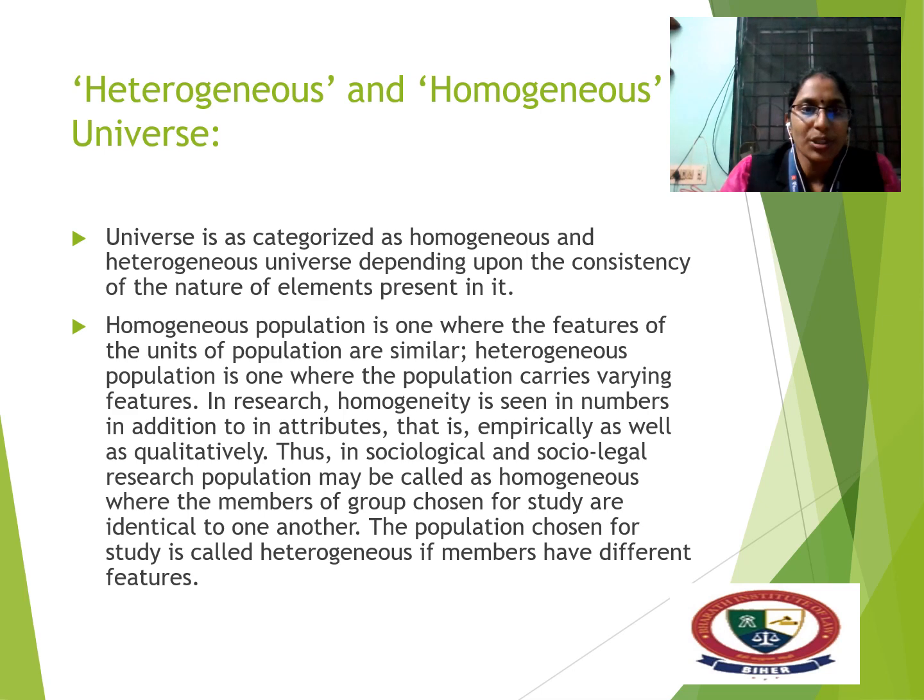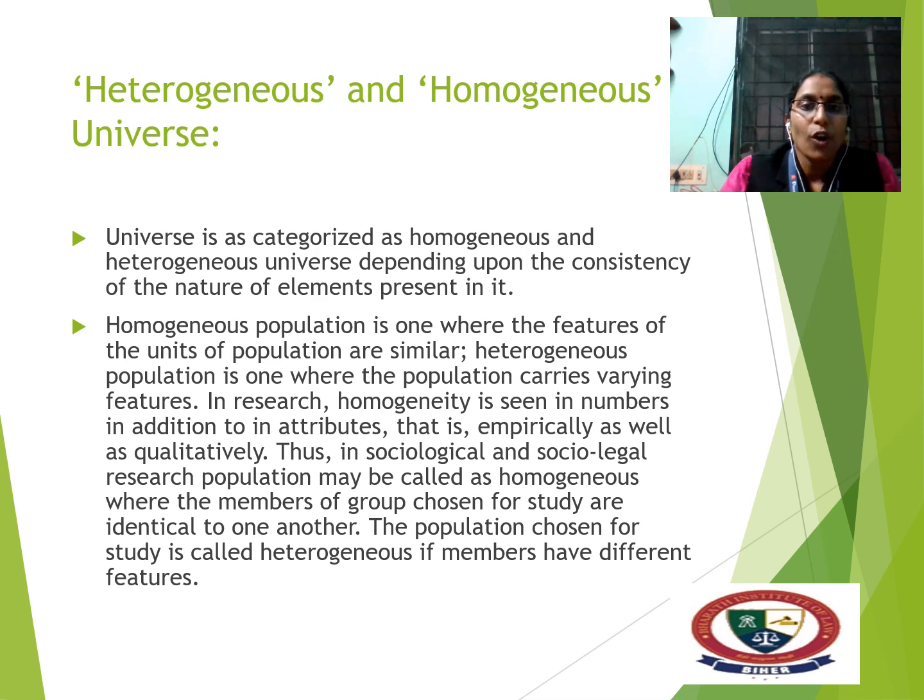Heterogeneous and homogeneous universe. Universe is categorized as homogeneous or heterogeneous depending upon the consistency of the nature of elements present in it. A homogeneous population is one where the features of the units of the population are similar. A heterogeneous population is one where the population carries varying features.